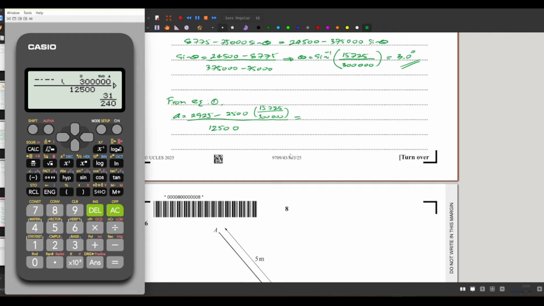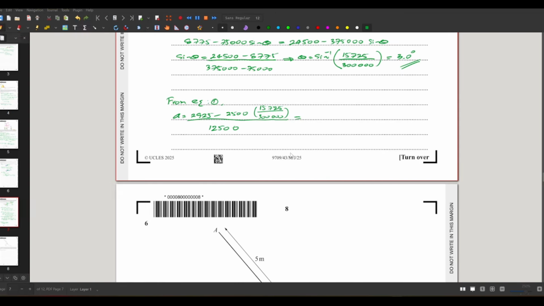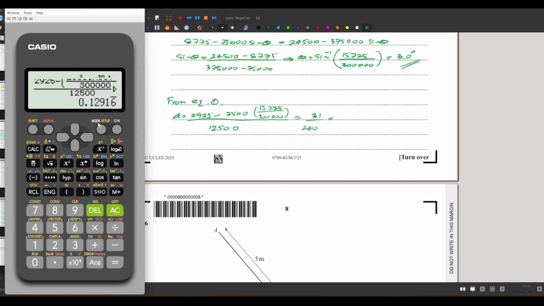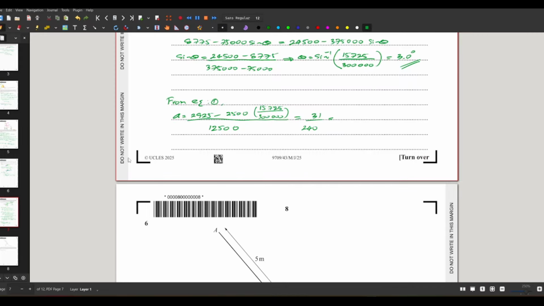Then we have to keep three significant figures, so it is 0.129 meters per square second.